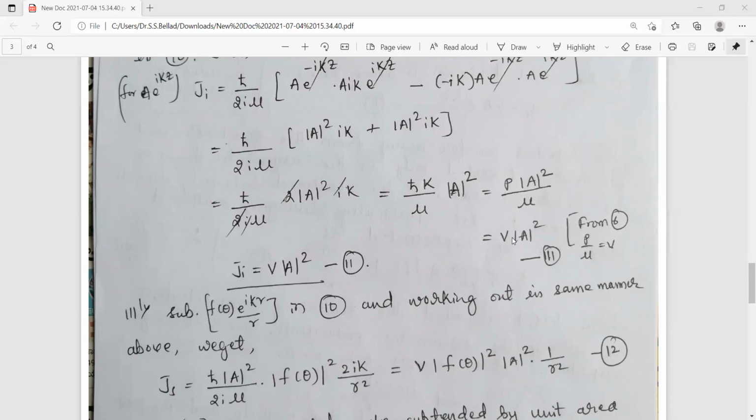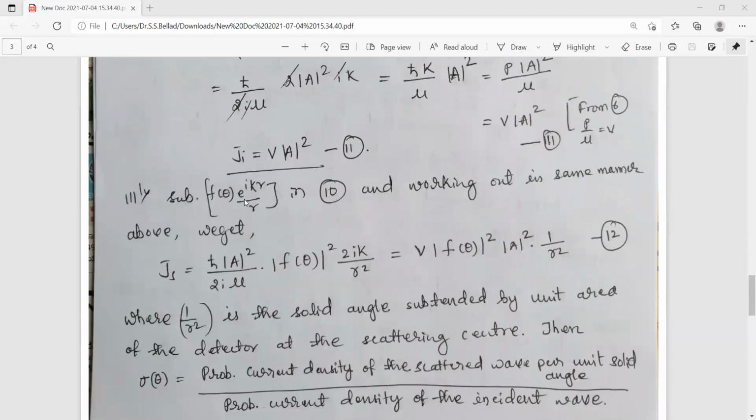So this is V into A square. This is equation 11. And so this Ji, the probability current density for the incident particle, is equal to V into mod A square.